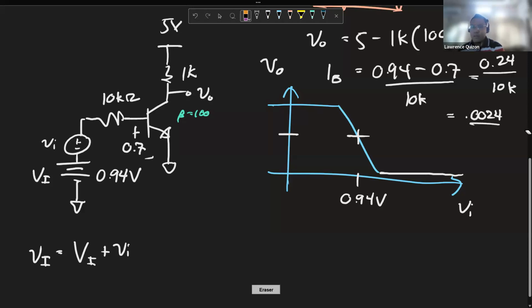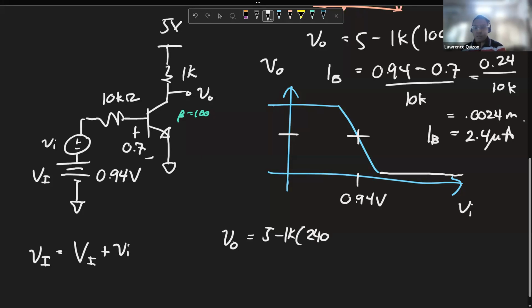Over K pala, so this becomes 0.0024 milli or 2.4 micro. So that's IB. And then V out would then be 100 times this thing. So that's 5 minus 1K times 240 microamps. K times micro would be milli.